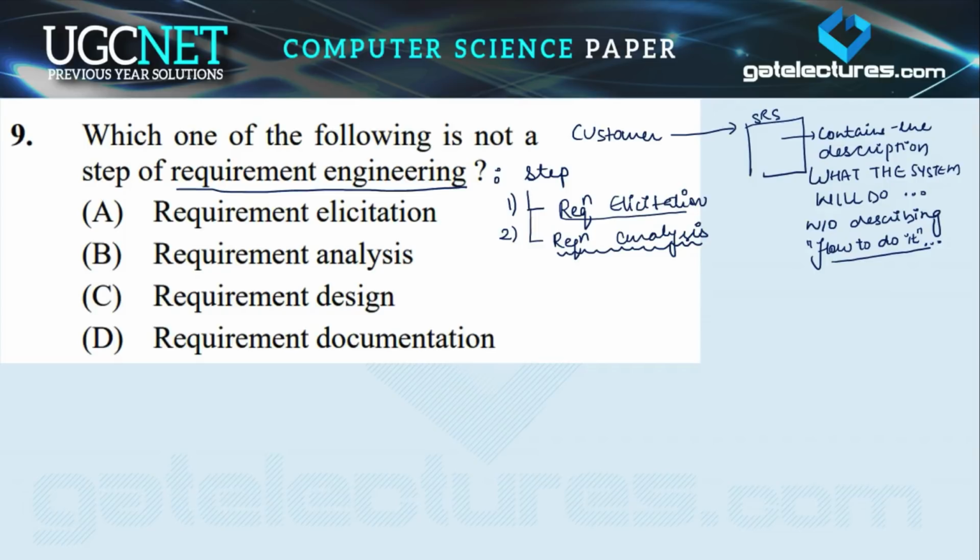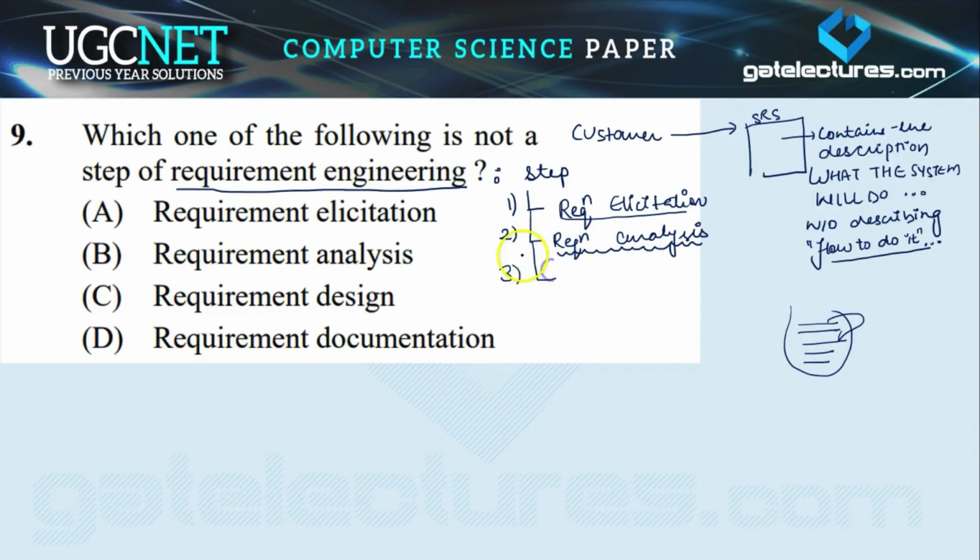In this step we refine the gathered information in order to make consistent and unambiguous requirements. In step 1 there is a collection of information, so in requirement analysis we refine it and delete all the ambiguous requirements present in the requirement elicitation step.